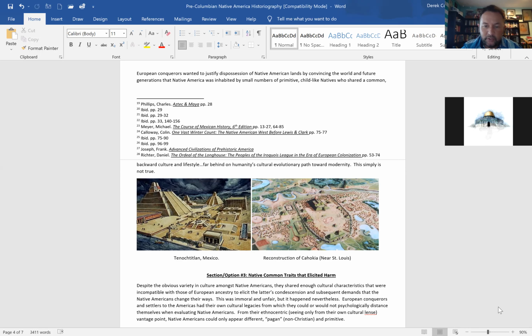So number two looks and says, hey, okay, well, although putting that criteria on the Native Americans is neither ethical nor fair, the Native Americans hit that criteria pretty darn well.